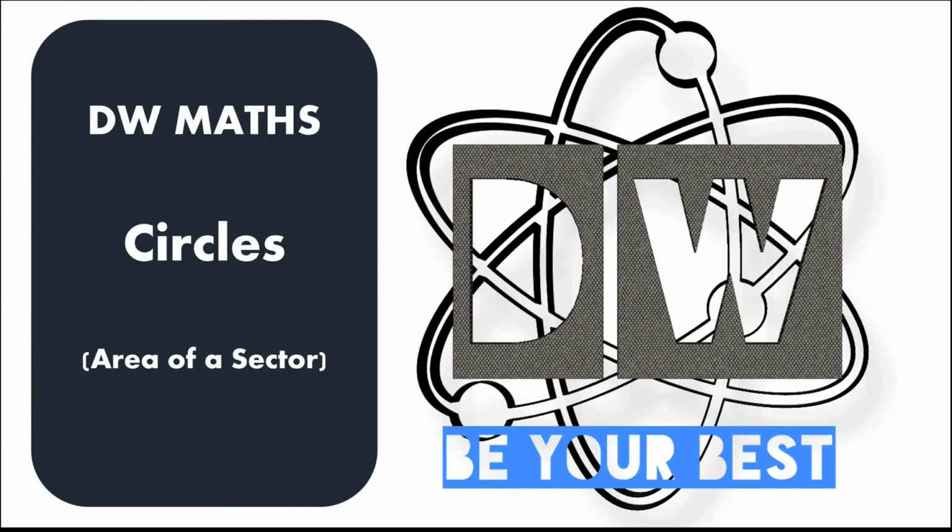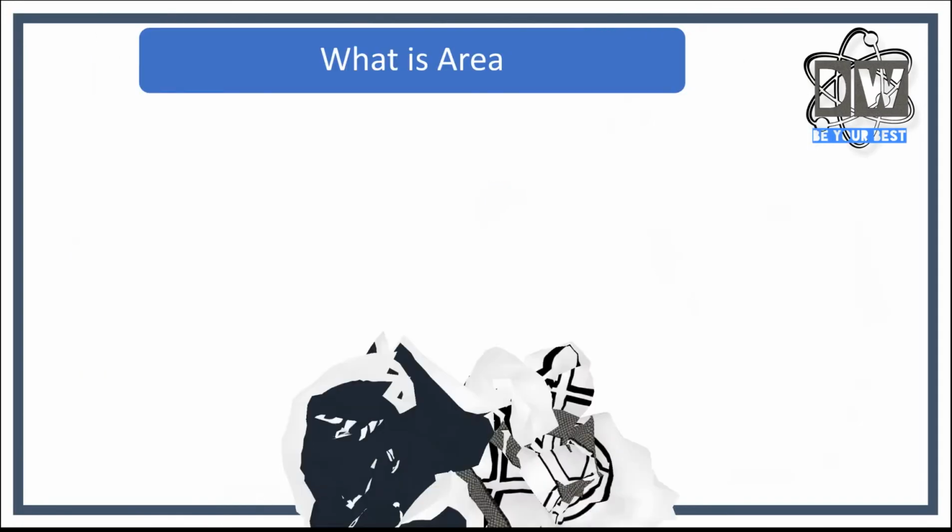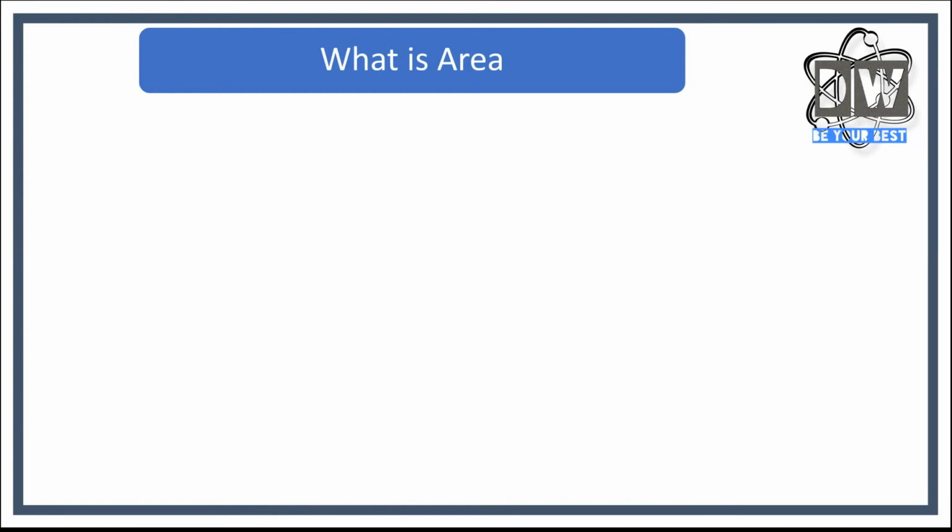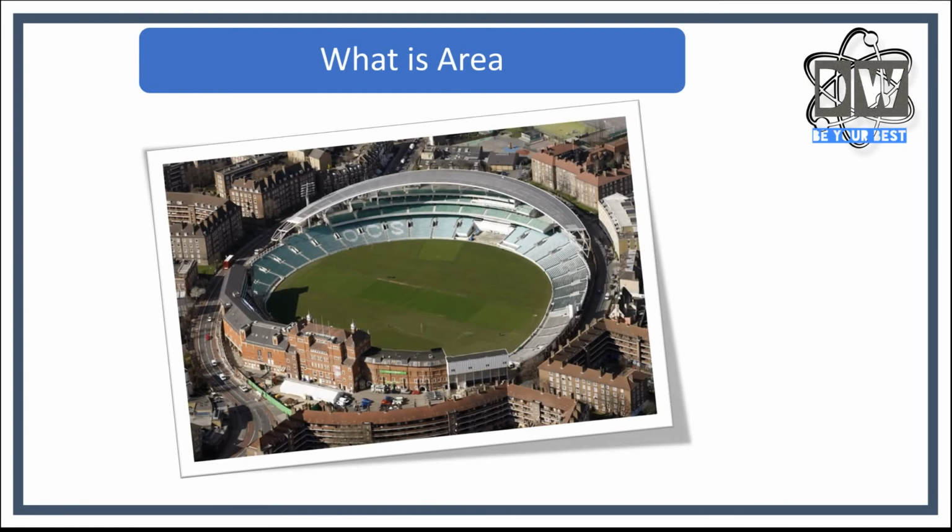Today we're going to cover circles again, and on this one we're looking at the area of a sector. So we're taking a full circle and only finding the area of a small portion of it. Let's have a look at this thing called area. Remember, what is area? When we look at a circle or any shape, we're looking for the space inside the shape.